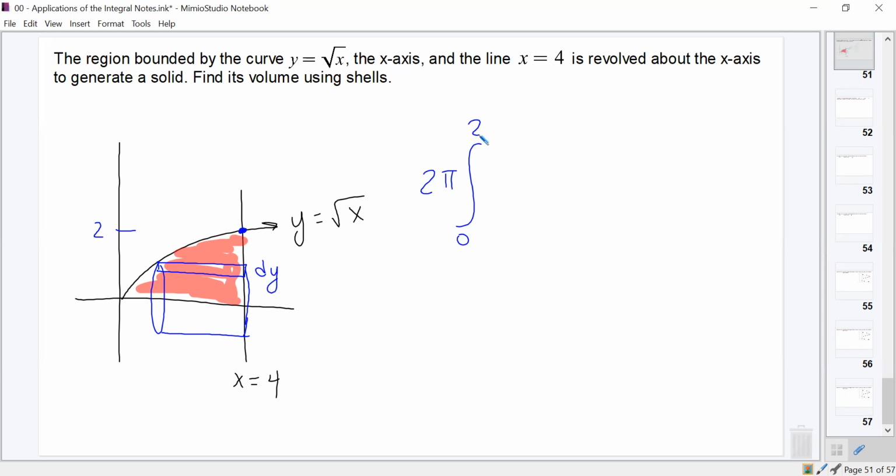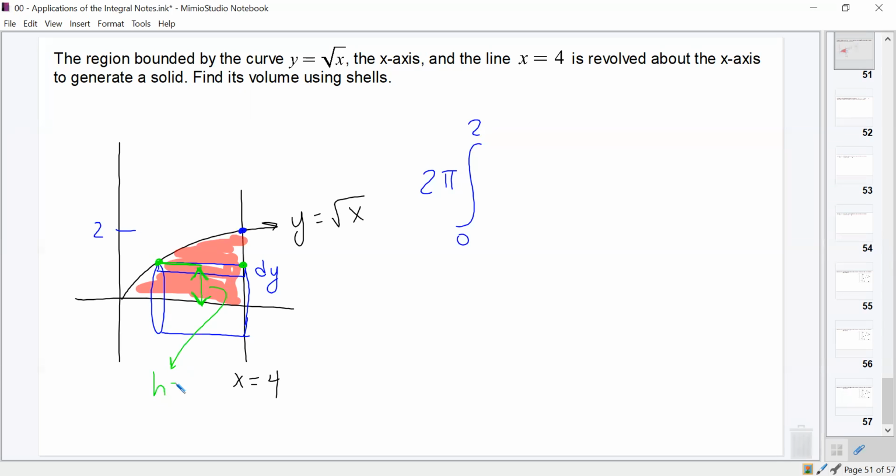And so our height is just going to be the distance from the function here to the right bound of our region there at x equals 4. That's going to be our height. And our radius is just going to be the distance from that rectangle that we've gone around, which is really just the height of our function, to the x-axis.